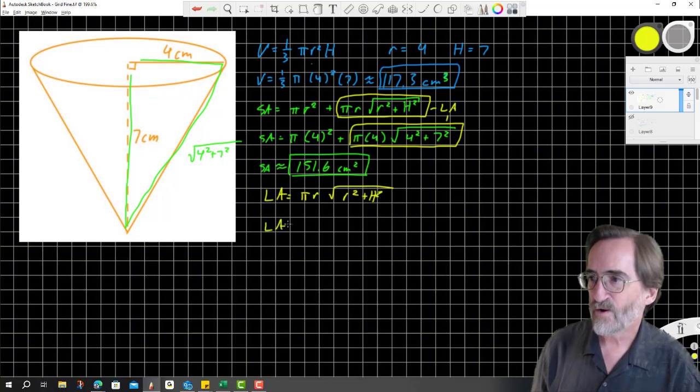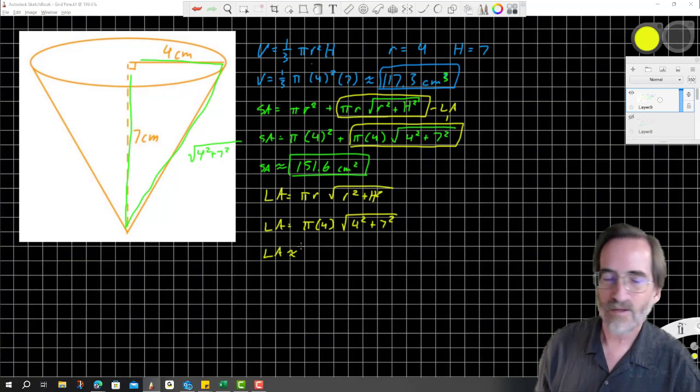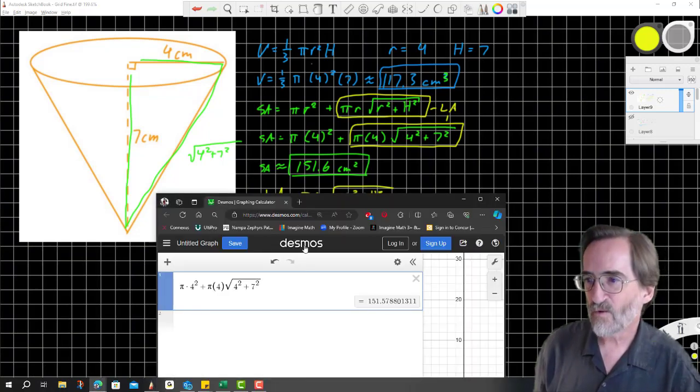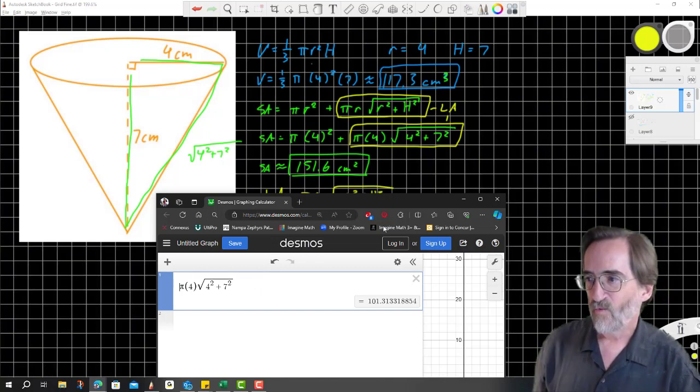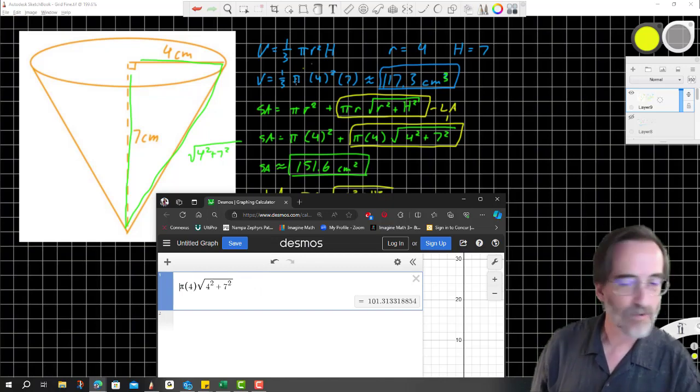So the lateral area is pi times 4 times the square root of 4 squared plus 7 squared. The lateral area is approximately, let's find out. We can just take the first part and erase it. Boom. 101.3.